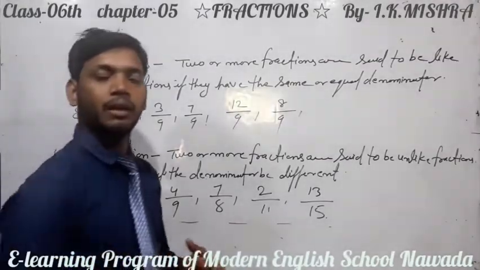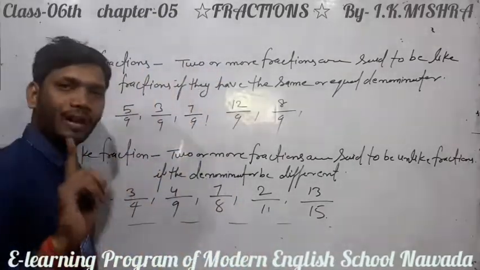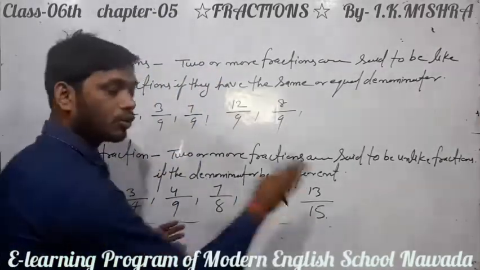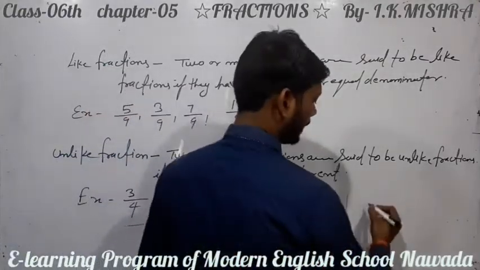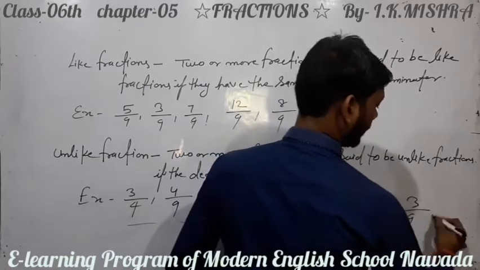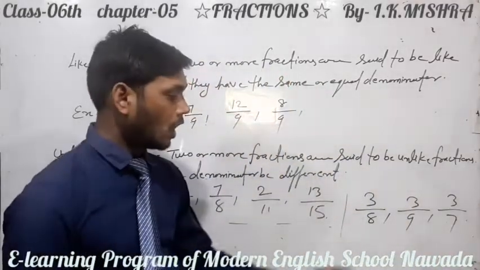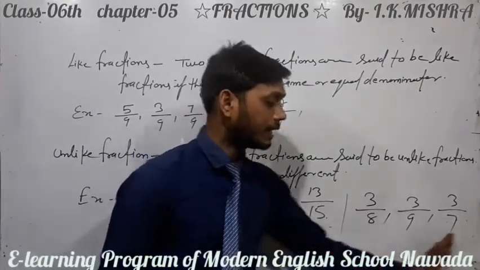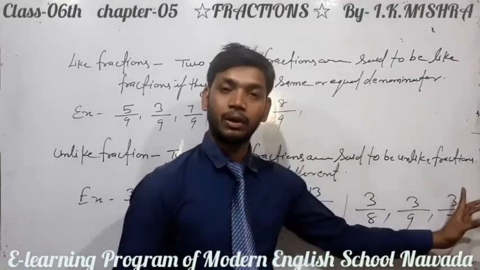For checking like and unlike fractions, we have to only notice the denominators of the fractions. Suppose here I write 3 by 8, 3 by 9, and 3 by 7. Friends, all of these have different denominators but the same, equal numerator.